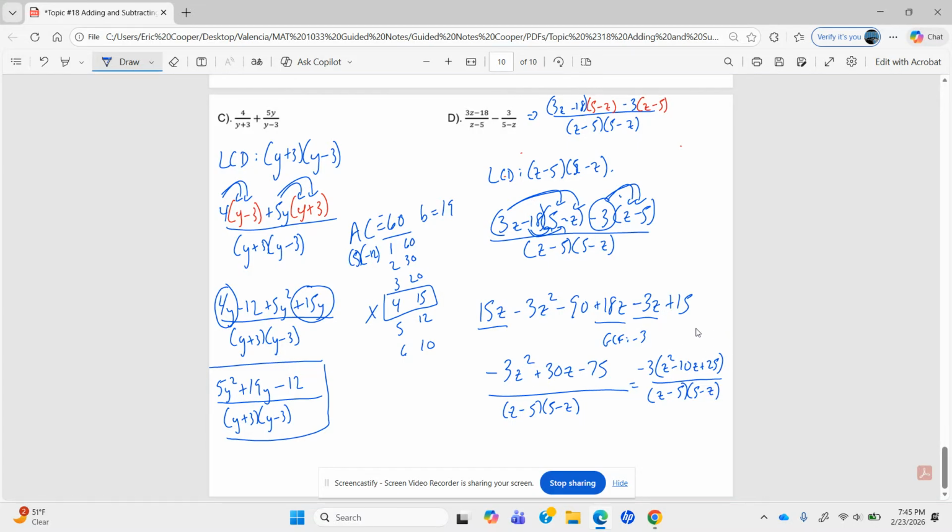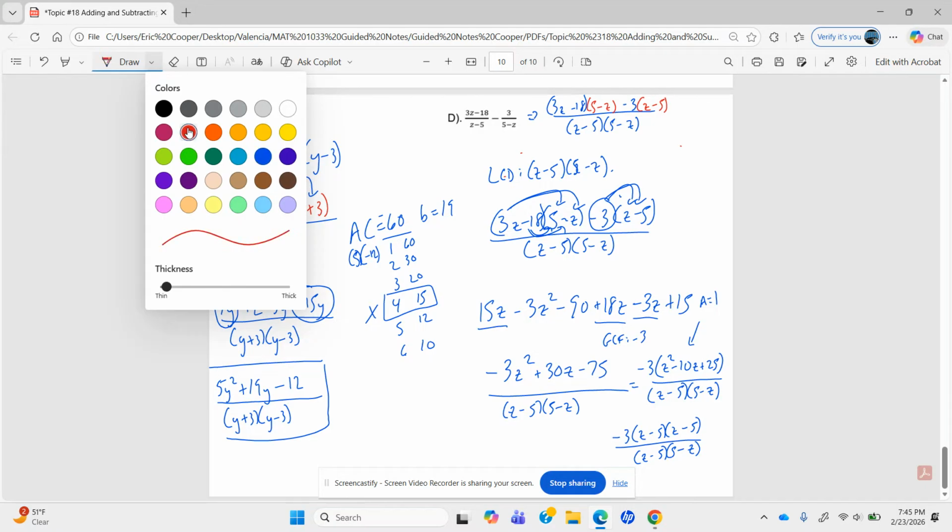But now on the inside, I have a equals 1 here. I need something that multiplies to 25 but adds to negative 10. In this case, that would be negative 5 and negative 5. So here the top becomes z minus 5 and z minus 5. And the bottom still remains the same. But now that the top is completely factored, we can look to see, is there anything that can cancel?